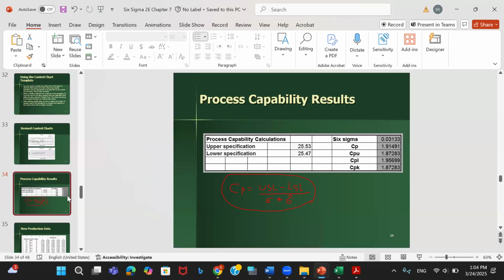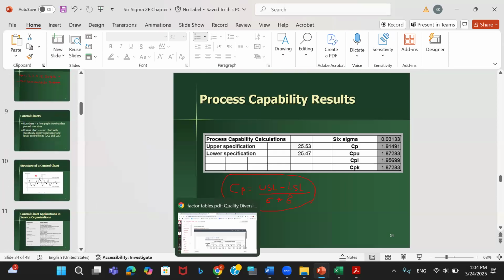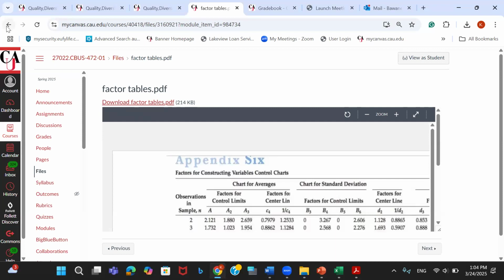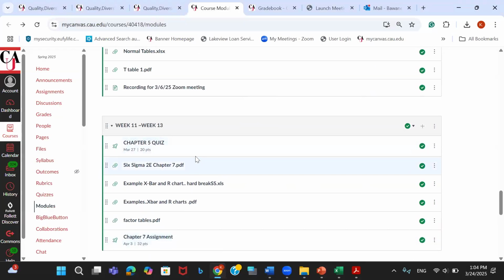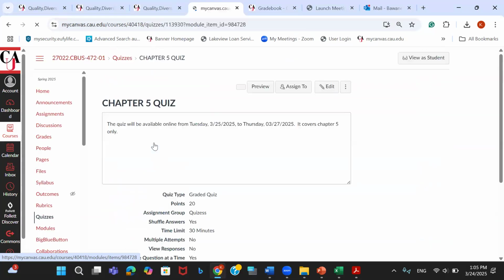So please read chapter 7, all the information in chapter 7. Okay, here's the chapter 7 information. As I mentioned, we have a quiz. It will be available in 2 or 3 days, on the 27th. Make sure you take this quiz. It covers chapter 5. Oh, it will be available tomorrow.